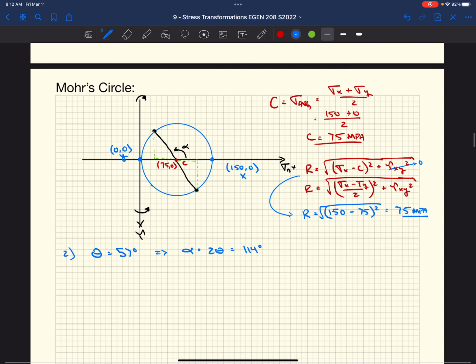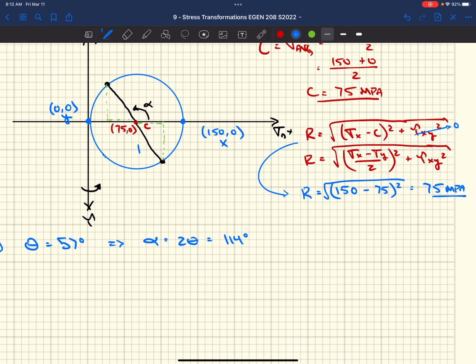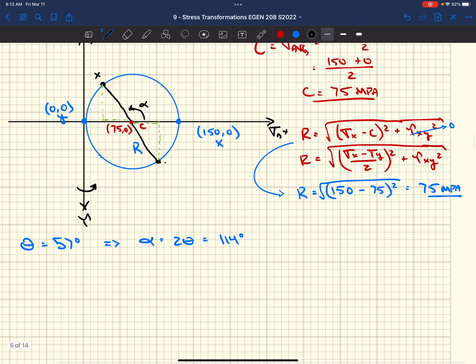So now that we know the radius, we can figure out the coordinates of our two points, our x and our y faces.